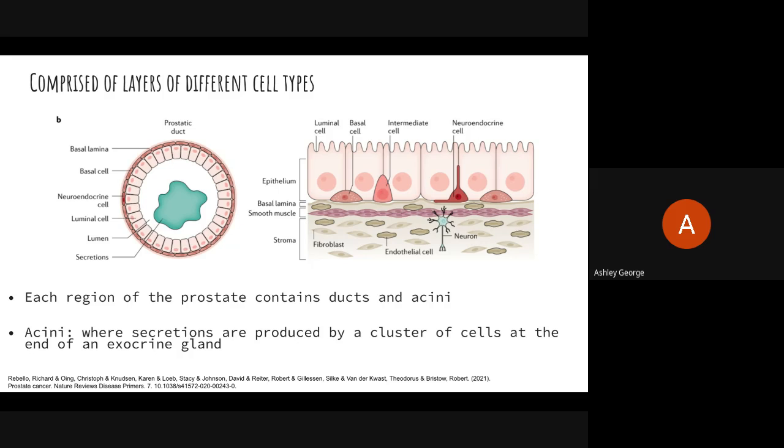The paracrine ones are meant to reach target cells that are within a relatively short distance. Endocrine signaling is different. That would be trying to reach targets through the bloodstream that are a little bit further away. So the neuroendocrine is meant to communicate with cells that are relatively close by.